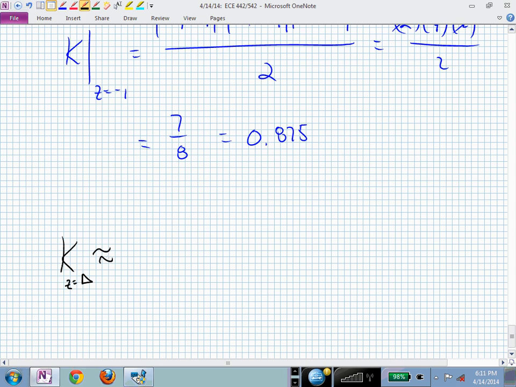And we could check if it was on the root locus, but let's just say that z delta is 0.9 plus j 0.43.